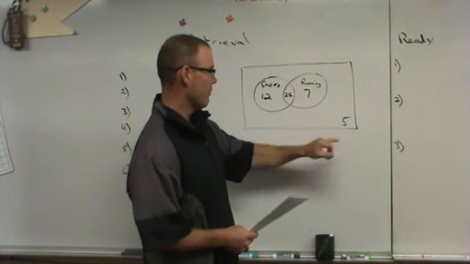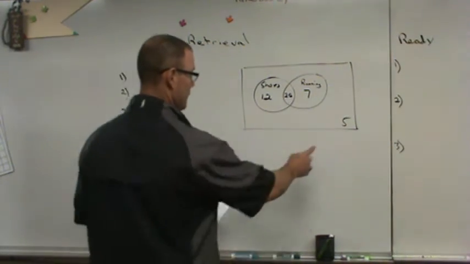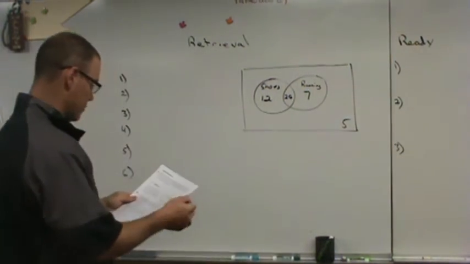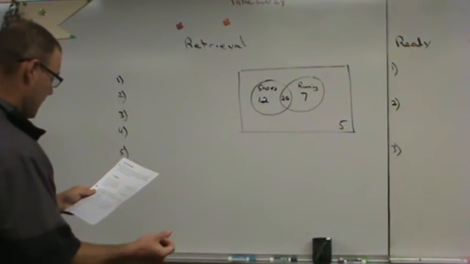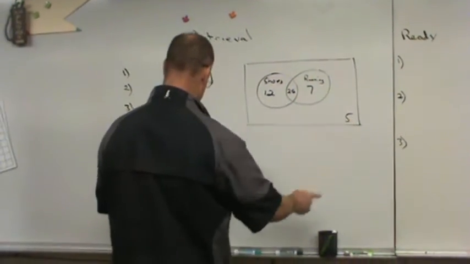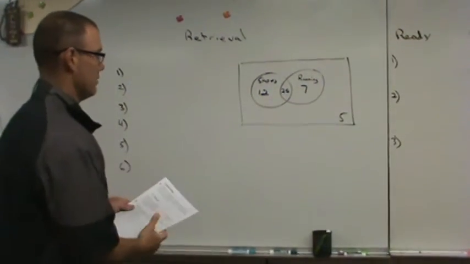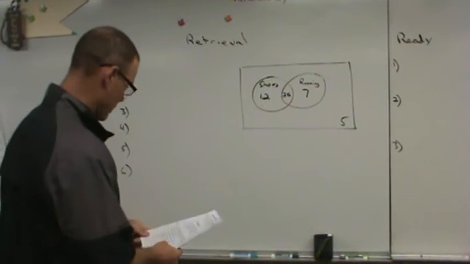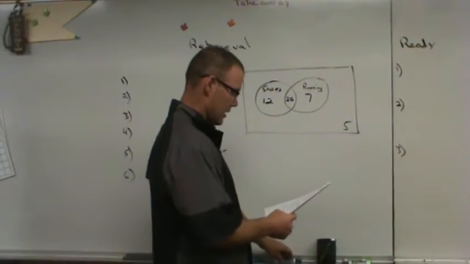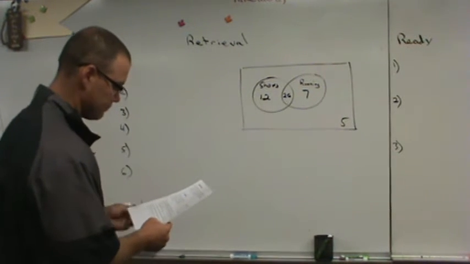And then we have 5 over here, which what does that mean? Well, if it's over here and it's by itself, that's where the other comes in. Apparently, they prefer sandals, and they prefer biking, possibly, because all I see is shoes and running. So let's answer the questions that you have here. What does the overlapping section with the 26 represent?